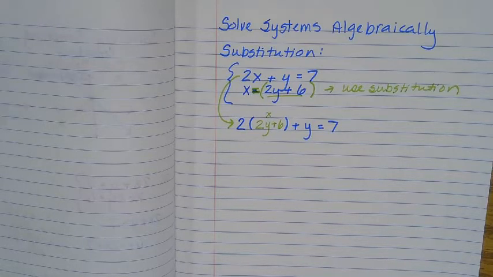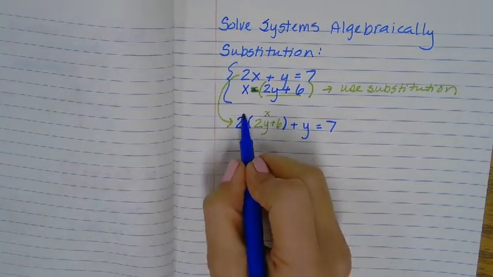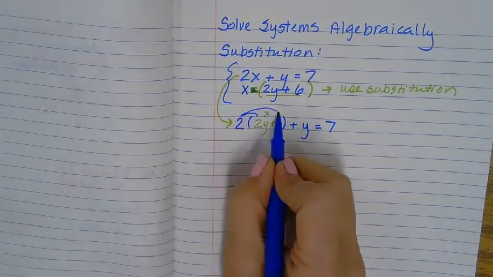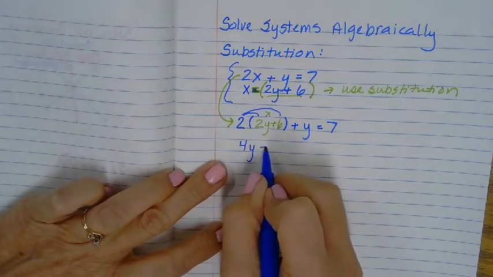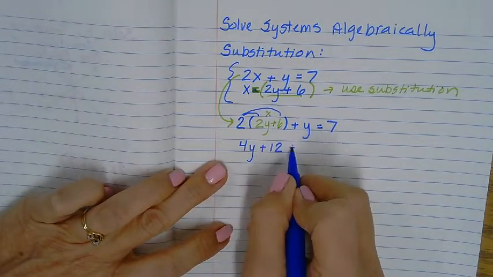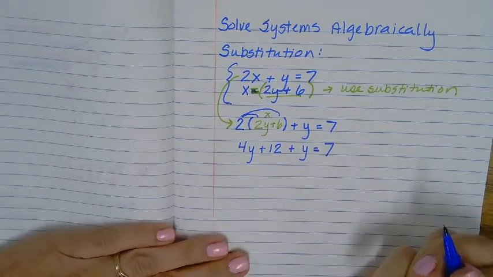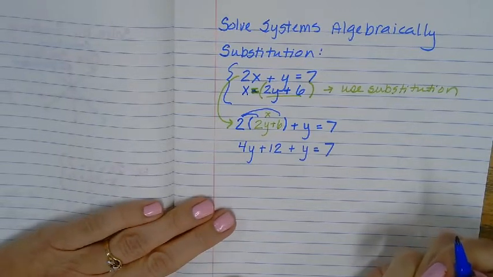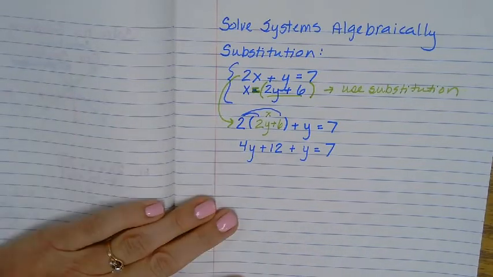And now that we have just one variable in the equation, we can go in and solve for y. So let's do that. I'm going to multiply the 2 into the parentheses. I'm going to distribute it. So I have 4y plus 12 plus y equals 7. And then let's combine like terms.